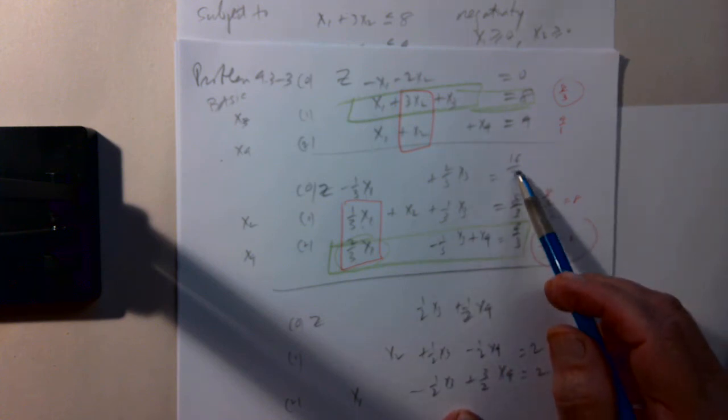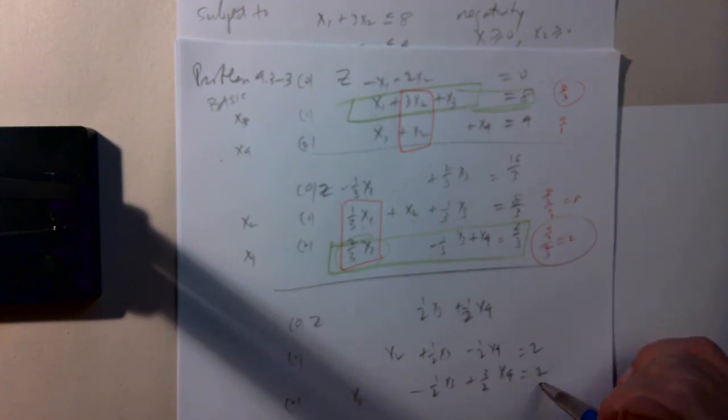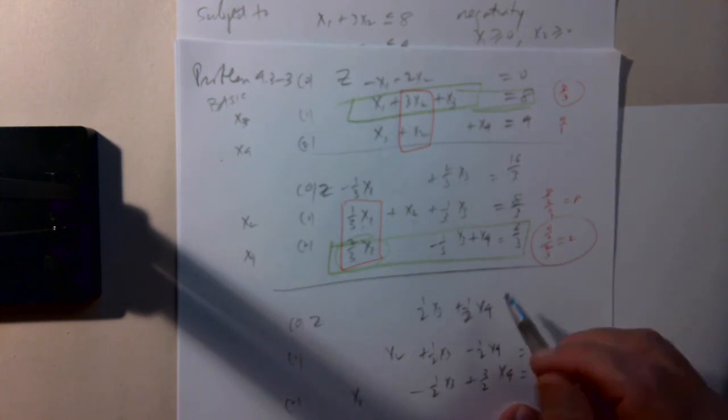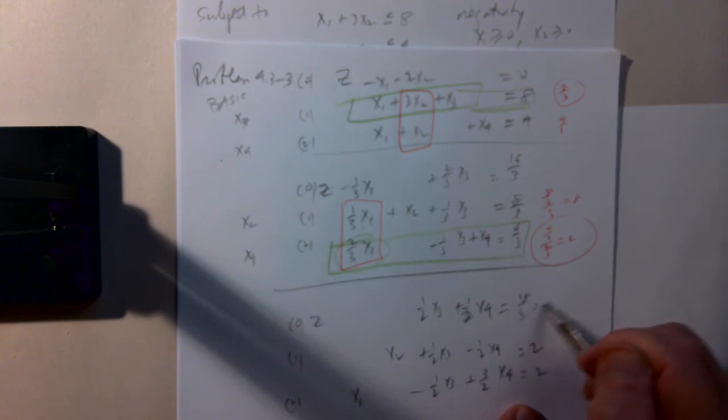And 16/3 plus 1/3 of times 2, 16/3 plus 2/3 is 18/3, which is 6.